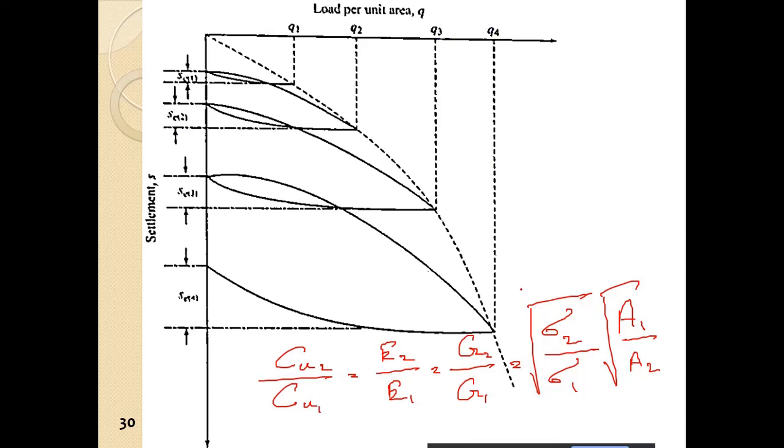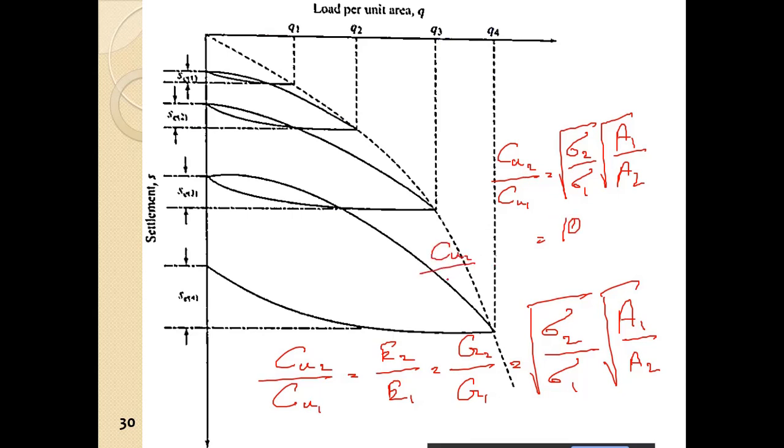So we will use this expression. Cu2 by Cu1 is equal to sigma 2 by sigma 1 into A1 by A2. For 10 tons we require sigma 2, so sigma U2 and sigma U1. U1 we have already obtained as 7.6 kg per centimeter cube, divided by 11.16 ton per meter square.